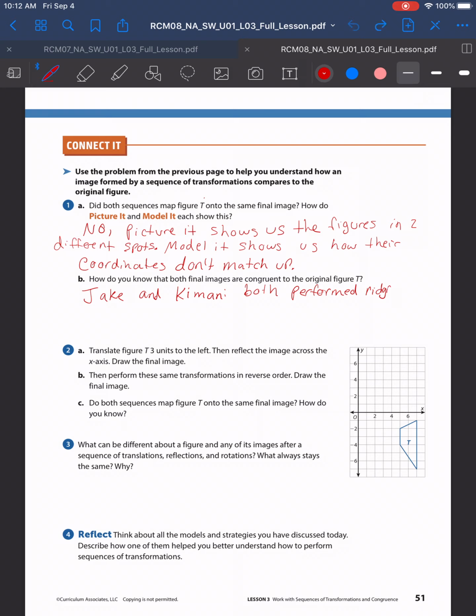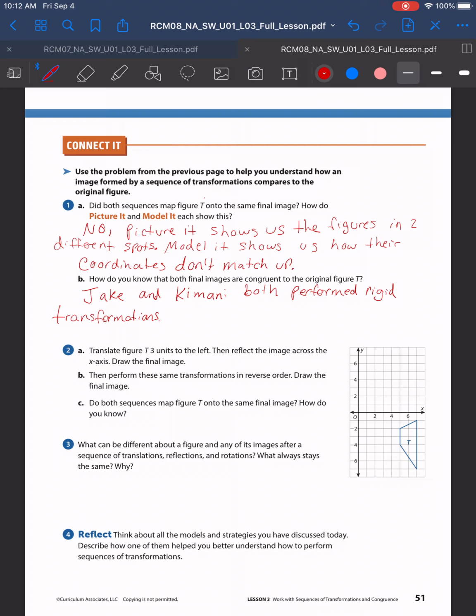I spelled rigid wrong. And the reason why I'm putting that as my answer is aren't rigid transformations that don't change the shape or the size? So that's how I know. They're rigid transformations, and that's how I know that the final images are congruent.